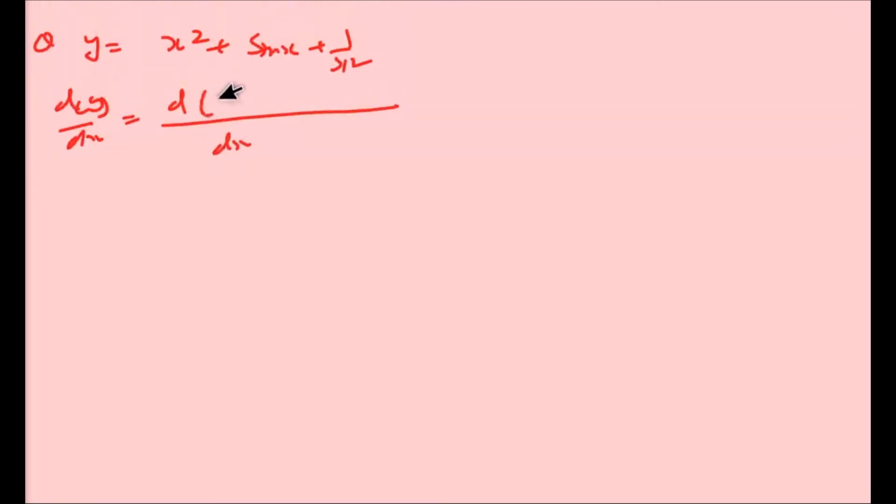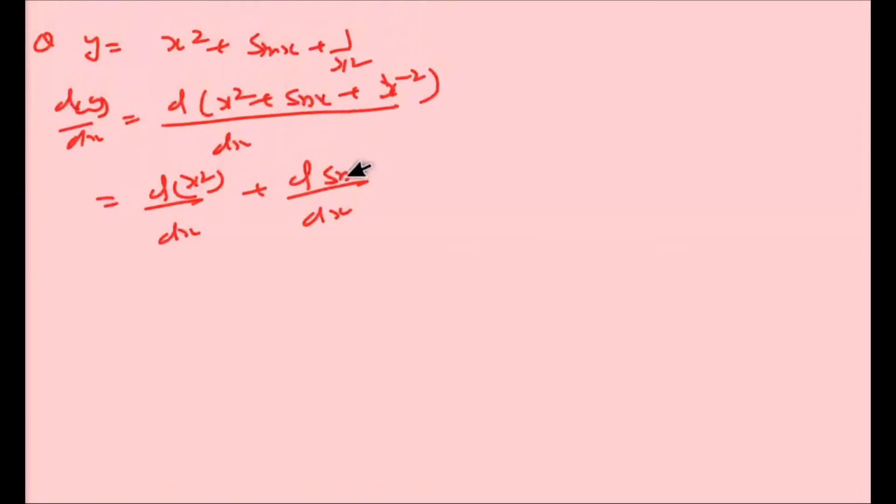y equals x square plus sine x plus 1 upon x square. We have to find dy by dx. So we have to find the differential of x square plus sine x plus x to the power minus 2.